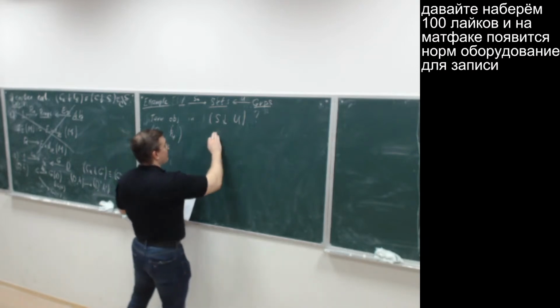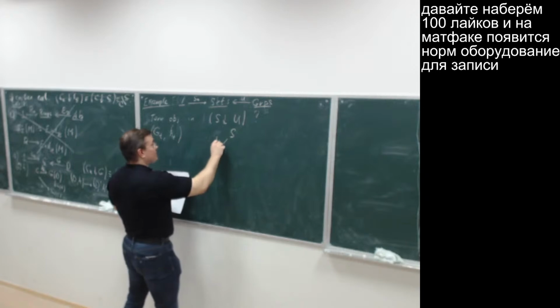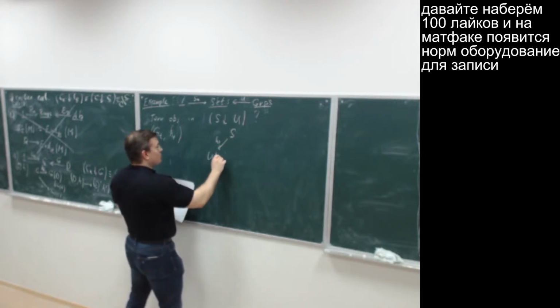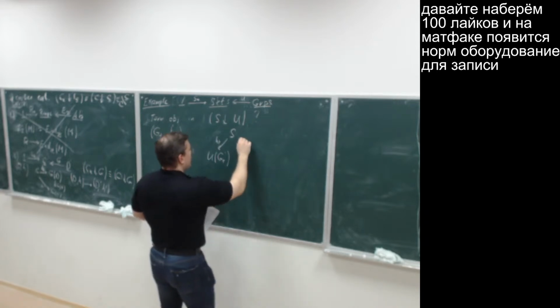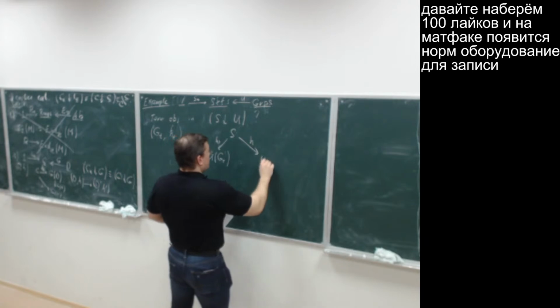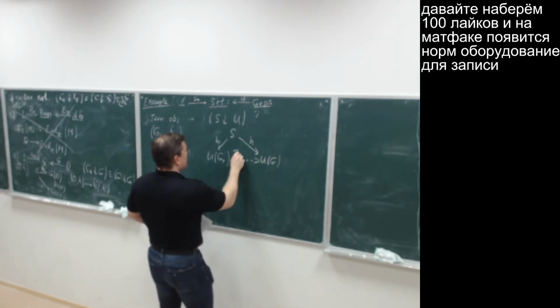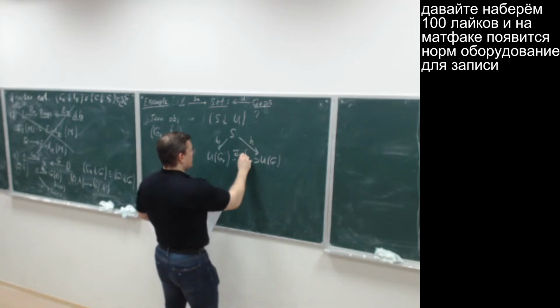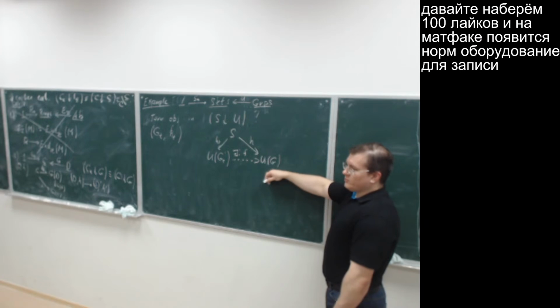So that means we have the following. I have S, there is a map HT to U of GT, and whenever I have any other diagram of this form, there is a unique map. I just repeat the definition of the terminal.